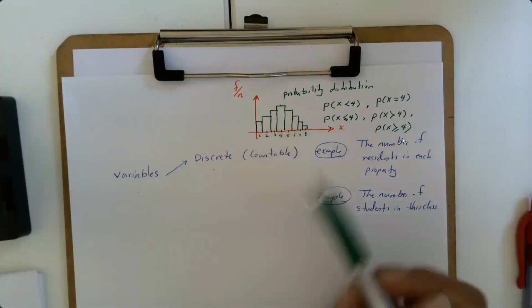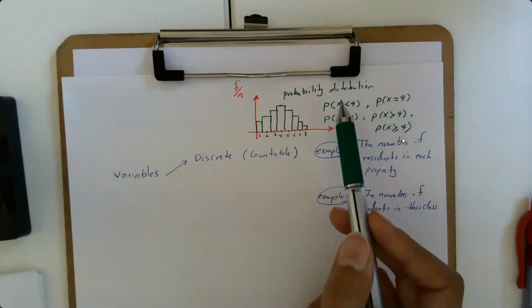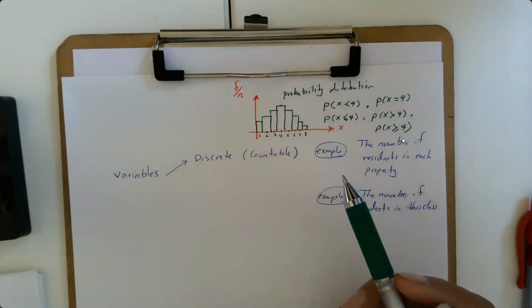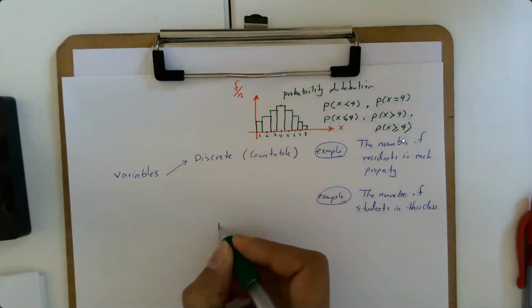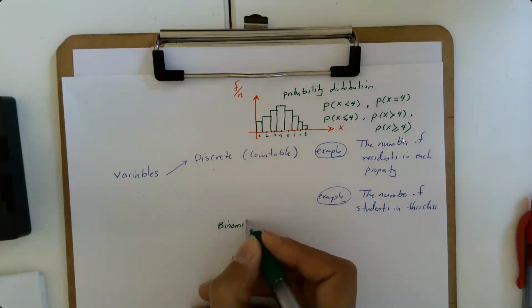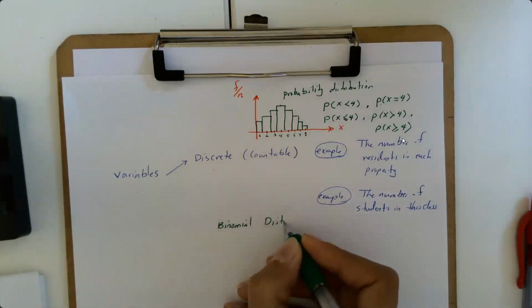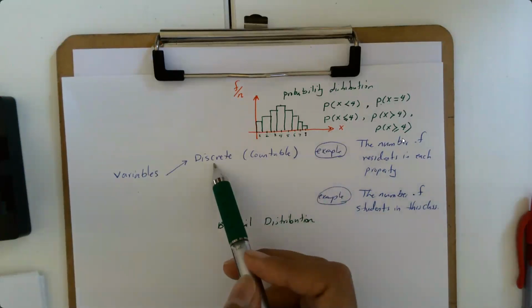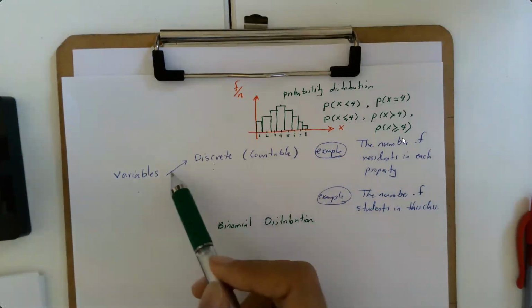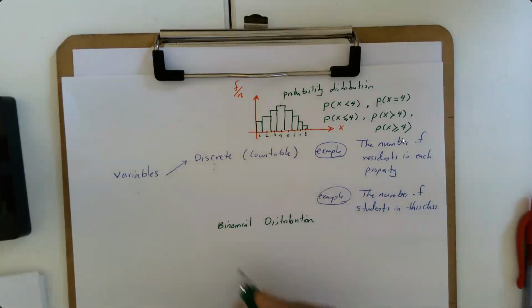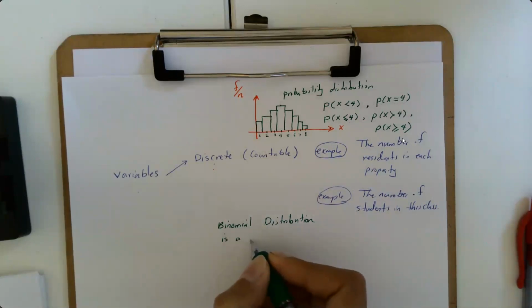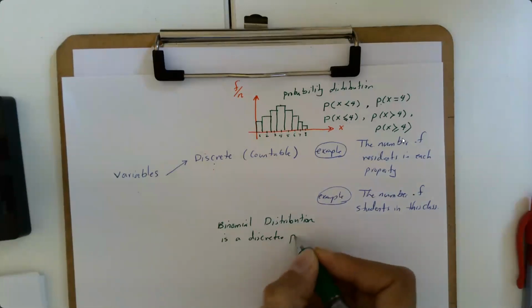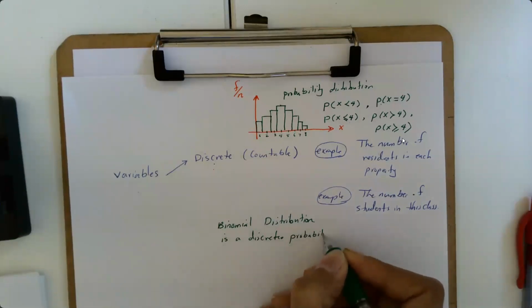One of the famous discrete probability distributions is called the binomial distribution. So when you see the binomial distribution, it is one of the famous discrete variable probability distributions.